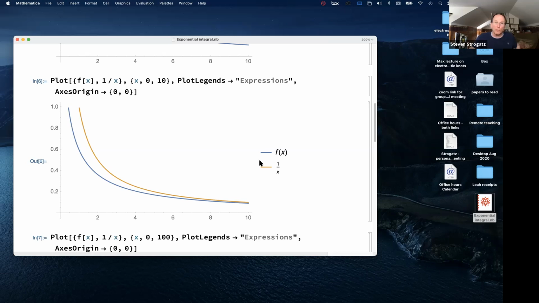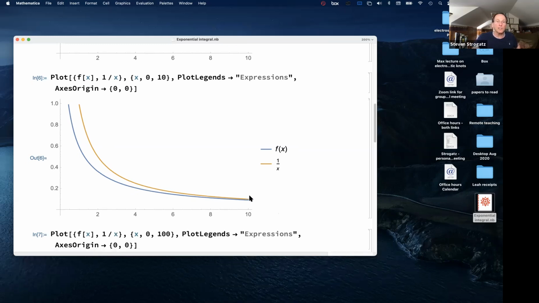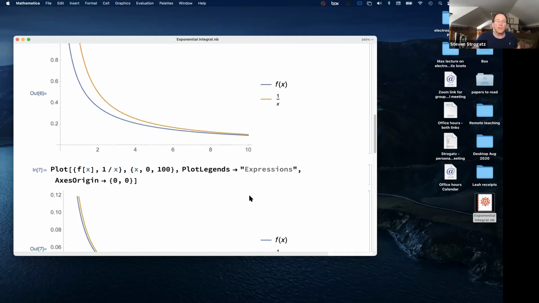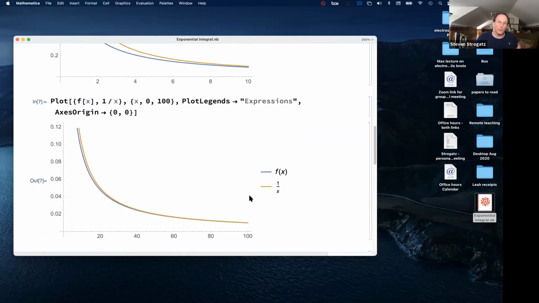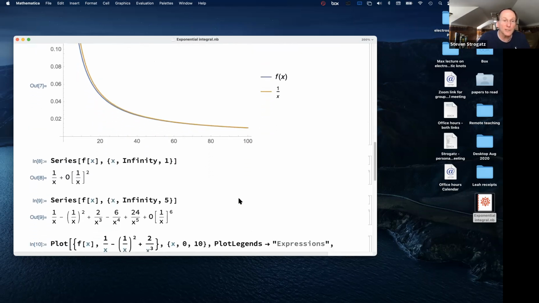But then again, we only took one term, 1 over x. We know for out here at x equals 10, we should really take 10 terms if we want a better approximation. Incidentally, if we go out to bigger x, now it looks pretty respectable. The 1 over x approximation does a pretty darn good job of matching the complicated exponential integral once x gets large, right? So this is the power of asymptotics.